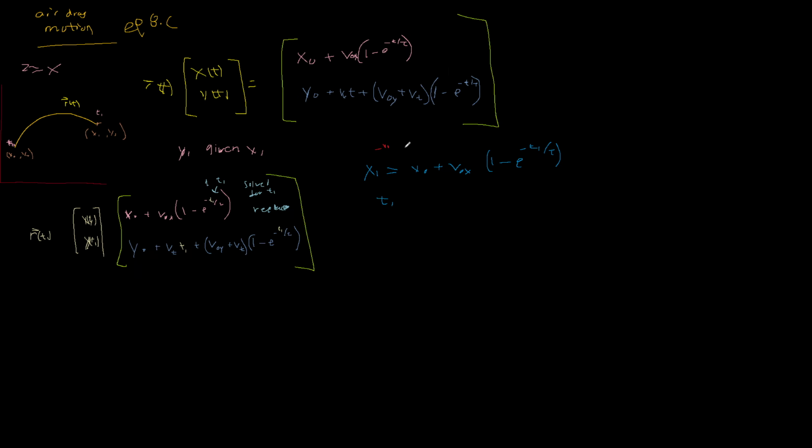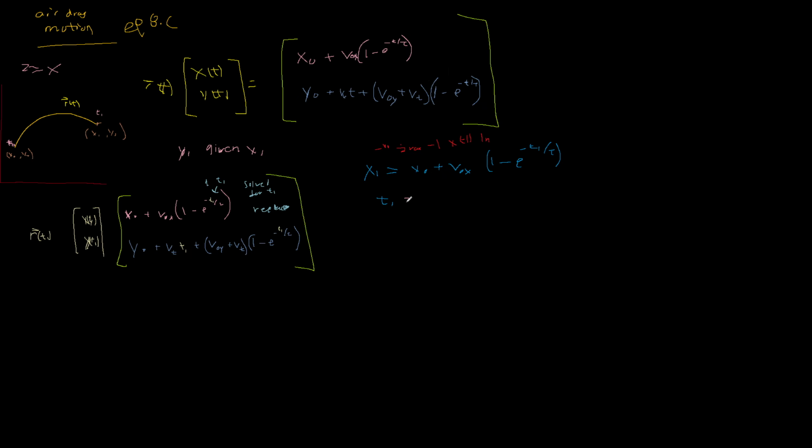And so we get t1 is going to be, so we take x naught to the other side, minus x naught, then we're going to divide by v0x, and then we want to subtract 1, and then we're going to multiply by negative 1, and then we want to take the logarithm, right?